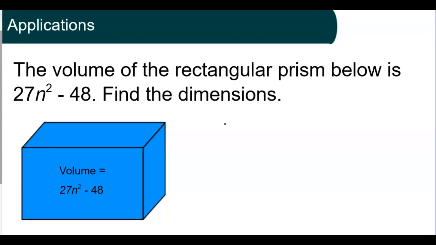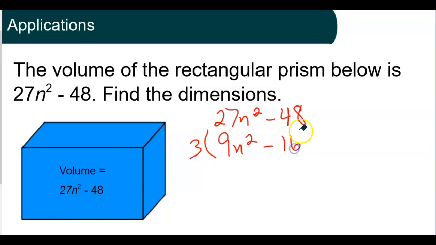All right, I give you an expression for the volume of this rectangular prism, and I want you to find the dimensions. I want you to find the length, the width, and the height. So when I'm looking to do that, the first thing I'm going to do is think to myself, how can I factor this expression? Well, 27n squared minus 48, they have a common factor of 3. I get 9n squared minus 16.